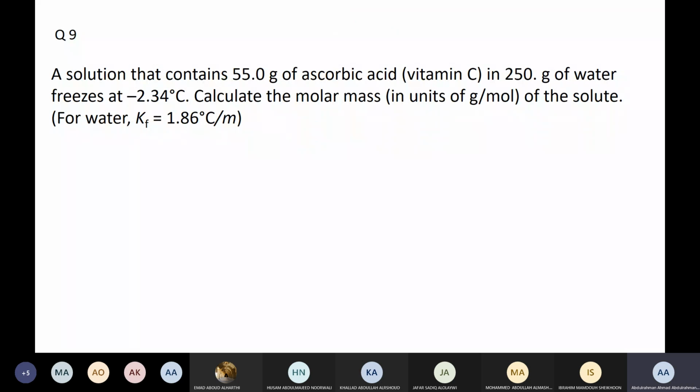A solution that contains 55 grams of ascorbic acid, vitamin C, in 250 grams of water freezes at minus 2.35 degrees C. Calculate the molar mass of ascorbic acid.